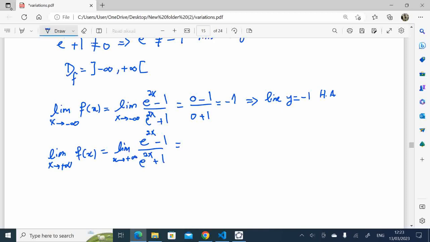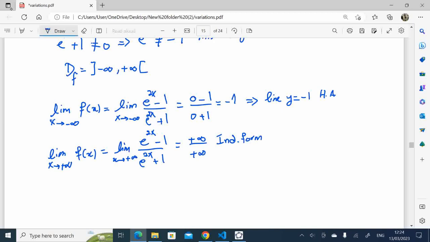Since as x approaches plus infinity, e^x approaches plus infinity, the answer will be plus infinity over plus infinity, which is an indeterminate form.